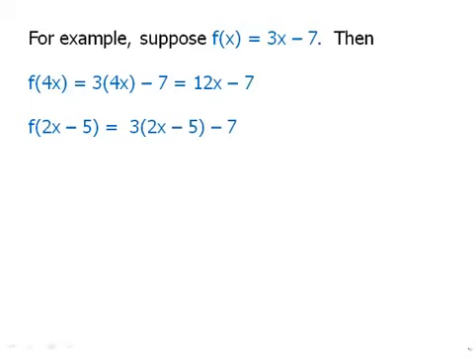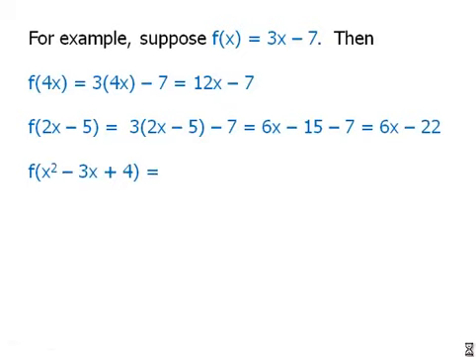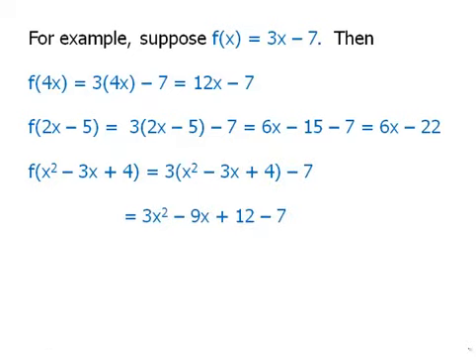And so we'll get this, then just multiply out, simplify, and we get 6x minus 22. We could even plug a quadratic expression into this function. So we're just going to multiply that quadratic expression by 3 and subtract 7. Multiplying everything out, and we get 3x squared minus 9x plus 15 plus 5.